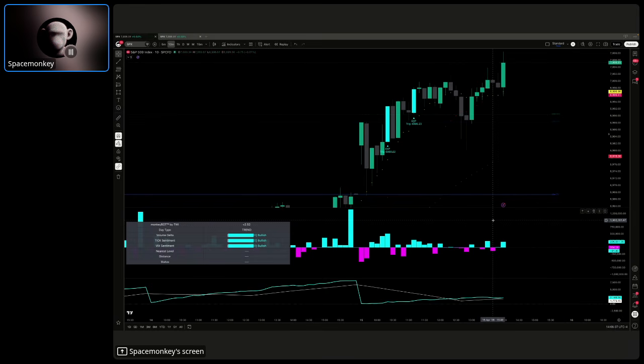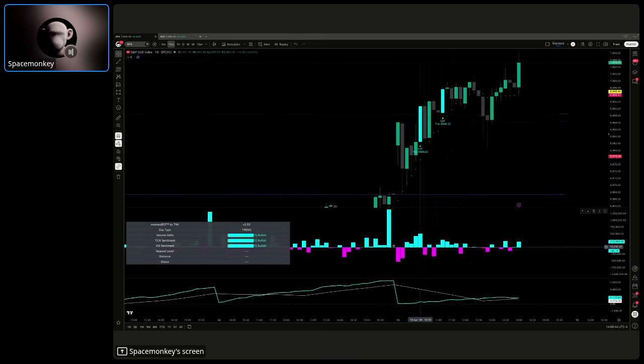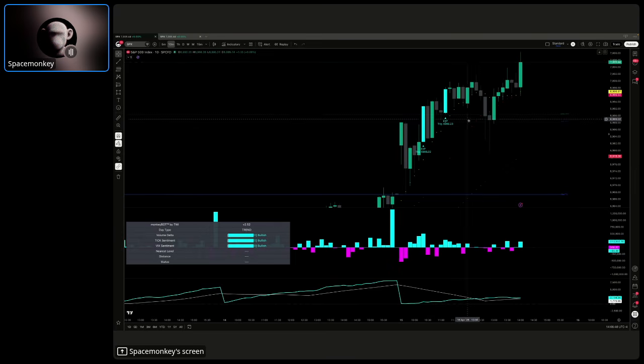Now let's move down to the second panel. The second panel down here, there's a lot of stuff going on. To the left, you have the dashboard, which takes a lot of the data under the hood and surfaces it for you. So it tells you what kind of trend. It tells you if the volume delta is bullish or bearish. It gives you the tick sentiment, the VIX sentiment, and a bullish, bearish, or normal sign.